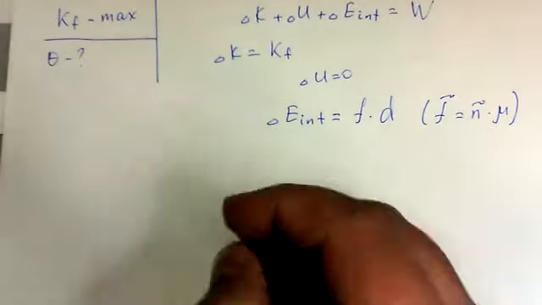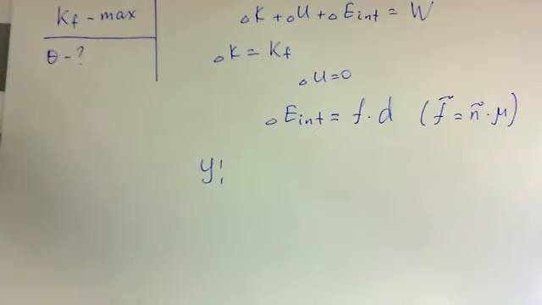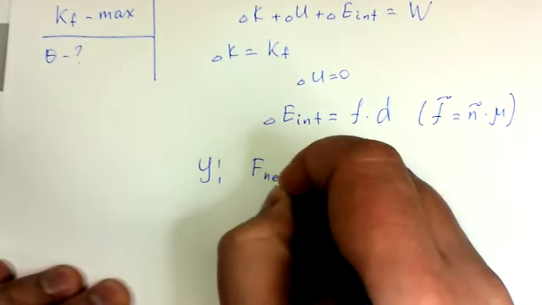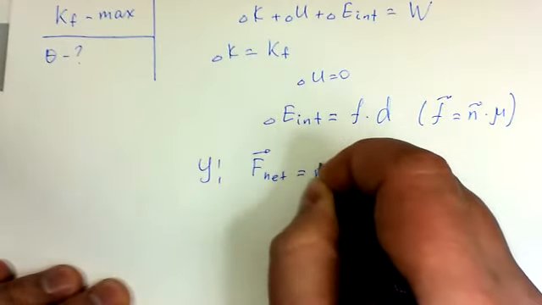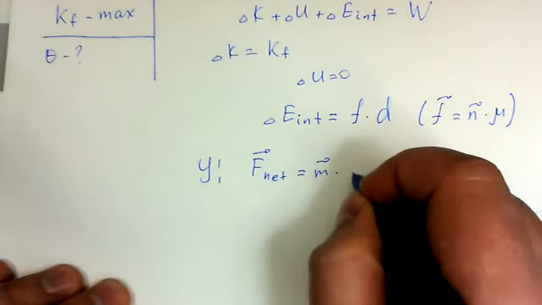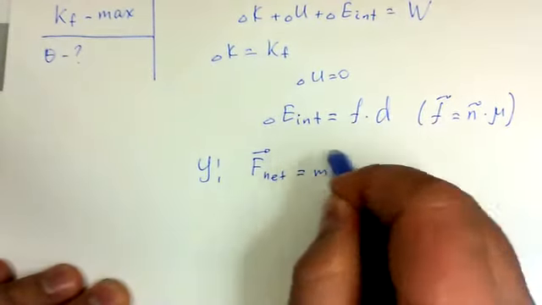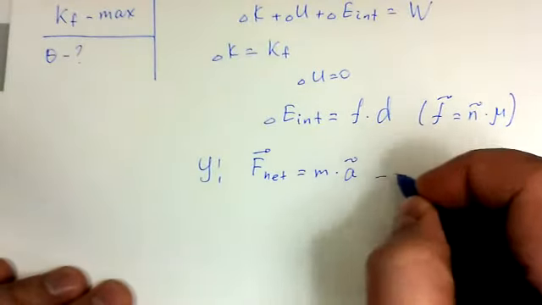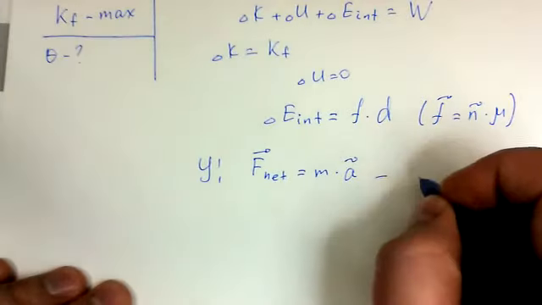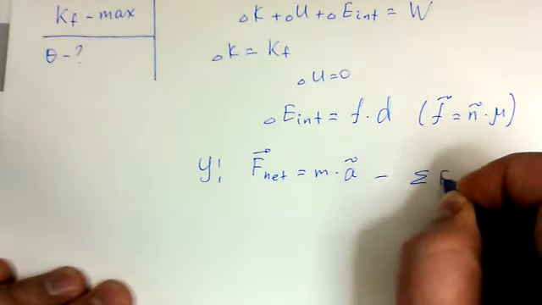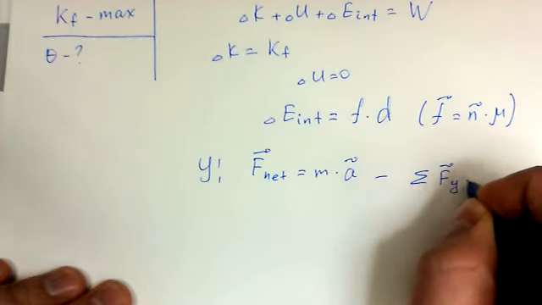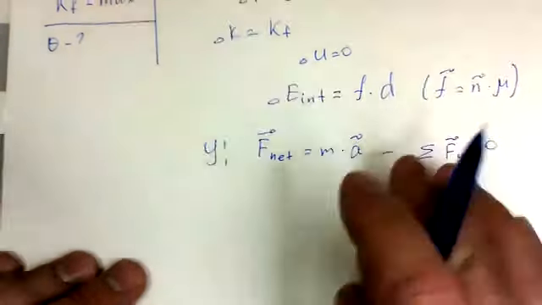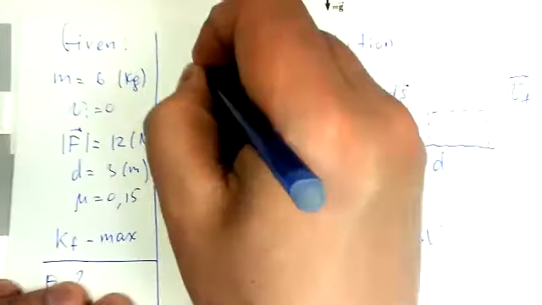So let me again recall the free body diagram. Let's analyze the problem in the y direction in order to find this normal force. According to Newton's second law, the net force causes the motion with acceleration, and the coefficient of proportionality is mass. In our particular case, there is no motion in the y direction. That's why the net force, the sum of y components, would be equal to 0. Now, what are the forces acting in the y direction if we introduce a coordinate system like that?